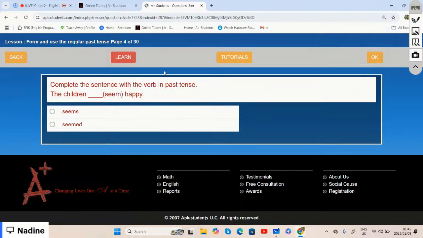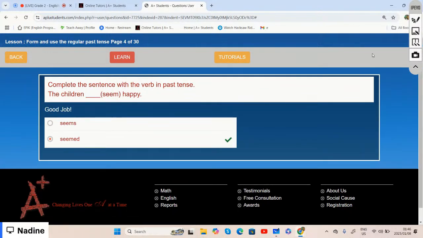All right, if we look at the sentence here, we need to complete the sentence with the verb in the past tense. Do we say the children seems happy or do we say the children seemed happy? This is the last one. Yes, and if we were to choose the correct answer, we will say seemed. Well done. And seemed is correct.